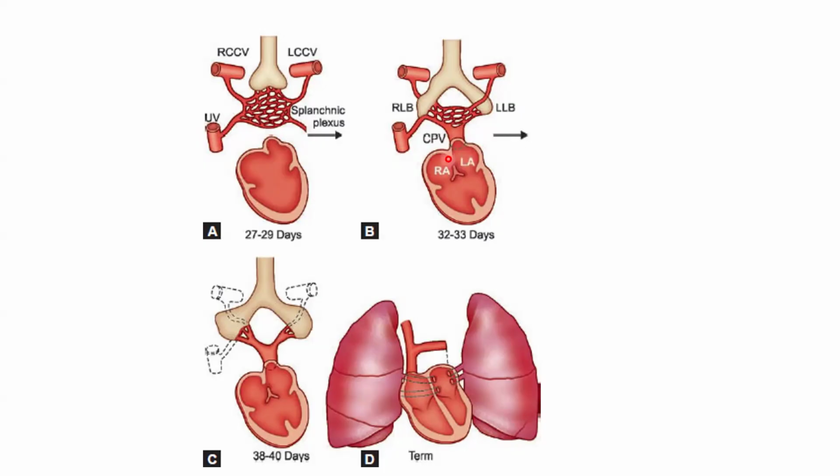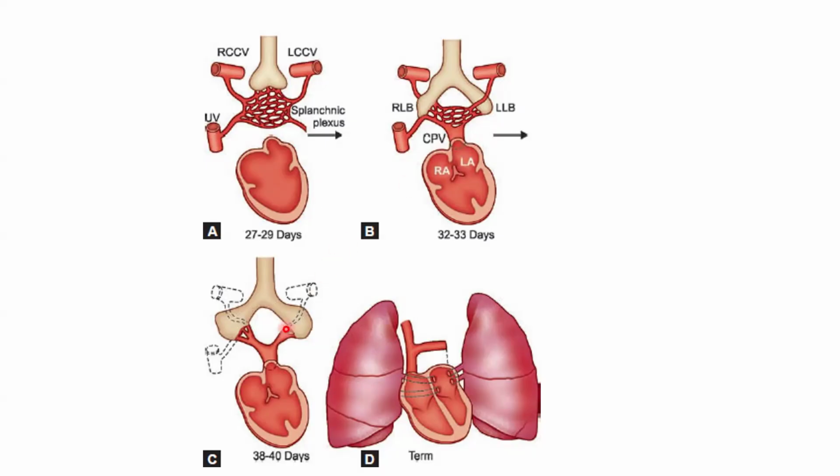And at the same time, the atrial septum is being formed. This process is so important because if the atrial septum were to form in this direction, the common pulmonary vein would have been draining into the right atrium. So the connection here must occur almost around the same time as the septation of the atrium.